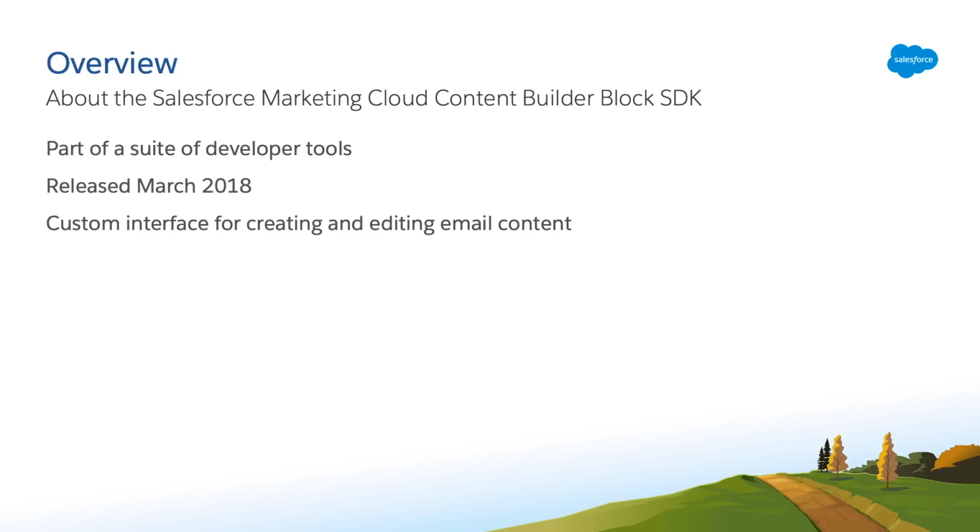Firstly, what is the Marketing Cloud Content Builder Block SDK? Let's just call it the Custom Block SDK, because that's a bit of a mouthful. The SDK is part of a suite of developer tools that have emerged for Salesforce Marketing Cloud over the past decade, dating back to the SOAP API, which came out in 2007.